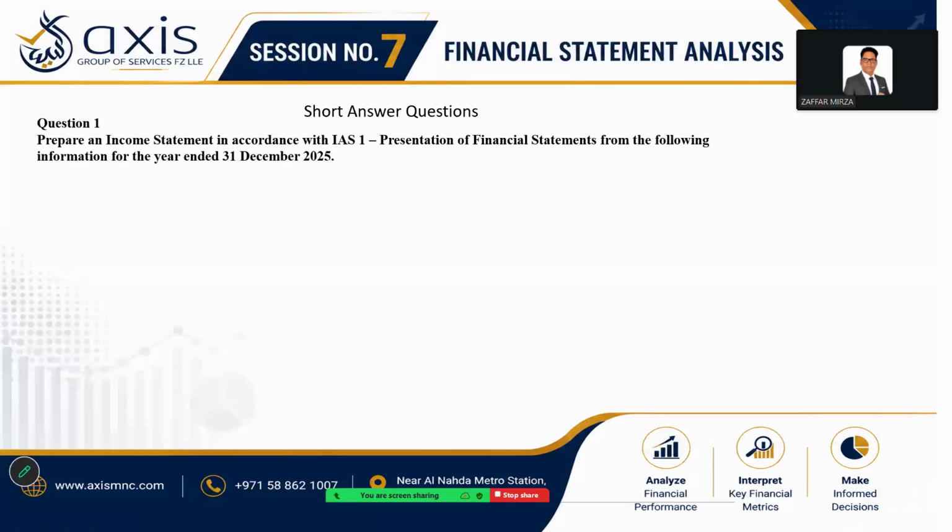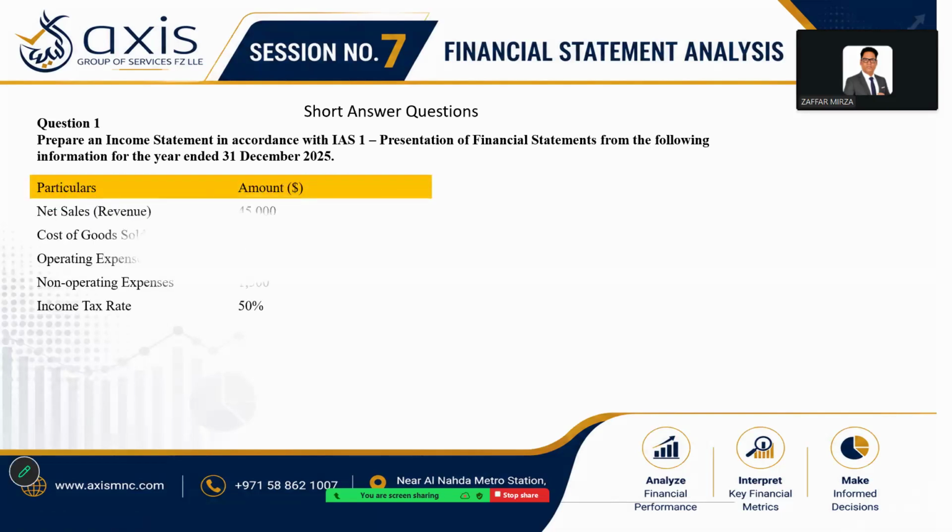Prepare an income statement in accordance with IAS 1, from the following information for the year ended 31st December 2025. Net sales 45,000. Cost of goods sold 25,000. Operating expenses 8,100.